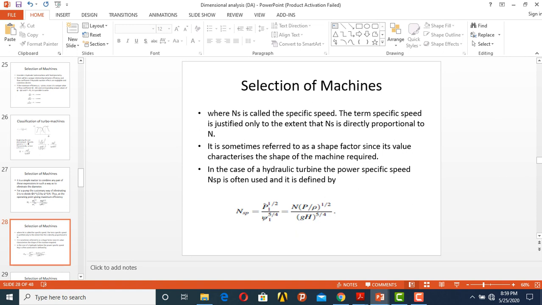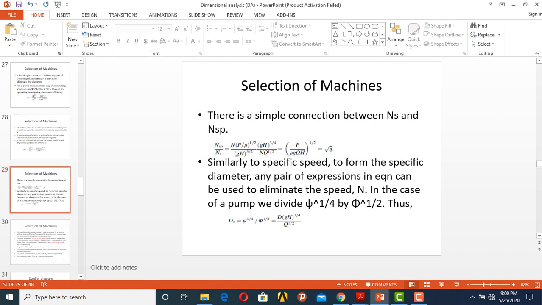So for turbines, for the specific speed we relate the power coefficient to the head coefficient. Our quest is to eliminate the diameter, or the machine design parameter. So in this case, we eliminate diameter by raising the power coefficient to the power of a half and the head coefficient to the power of 5/4. This is the resultant, and this is what we call the power specific speed.